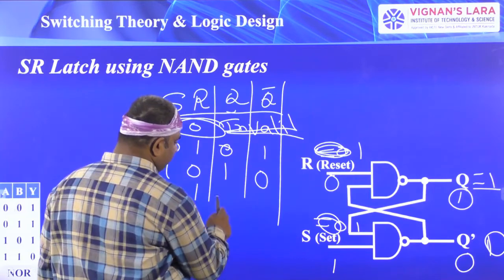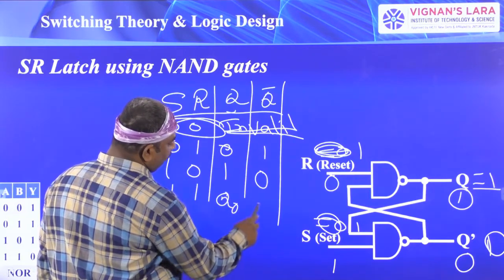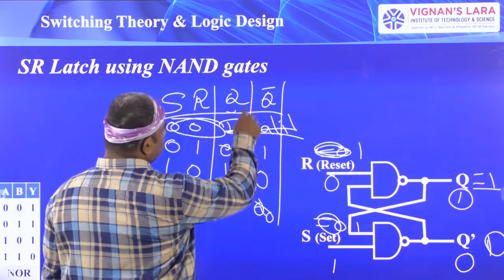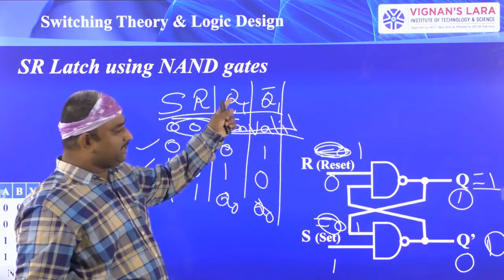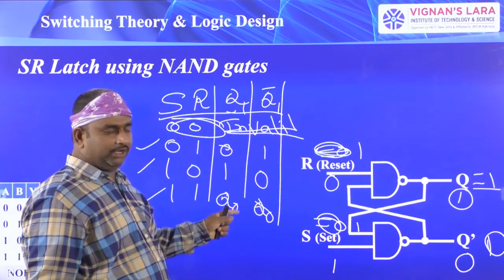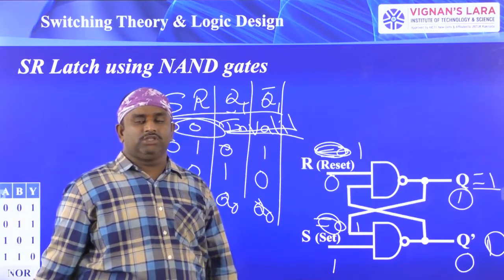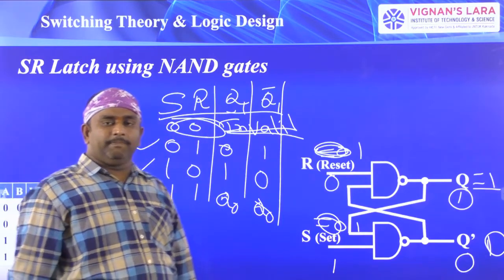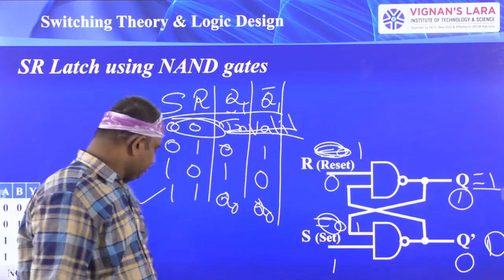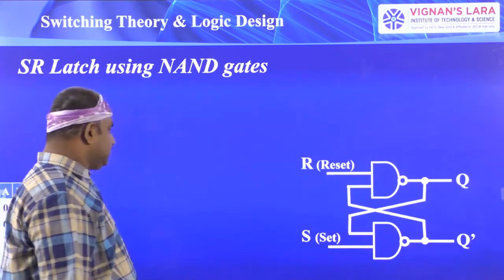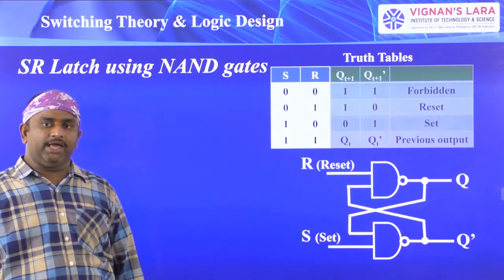For that reason, the previous outputs are followed. If it is Q(n+1), that is the next state, and this is the present state. Otherwise, the present state is the previous state. So this is the NAND gate based SR latch operation.